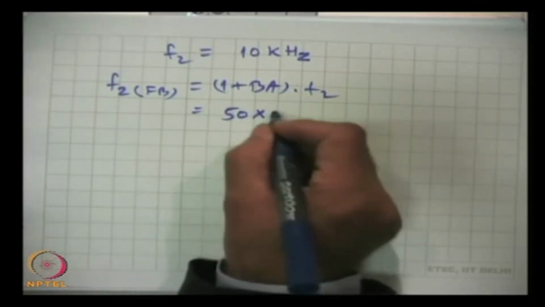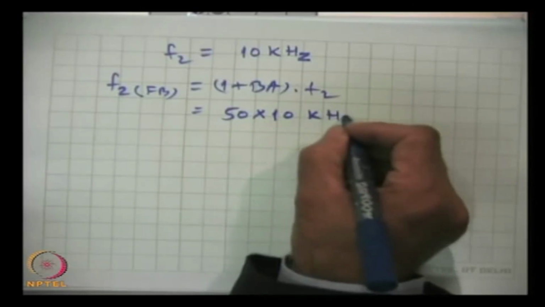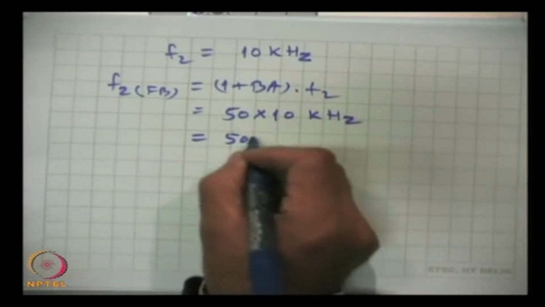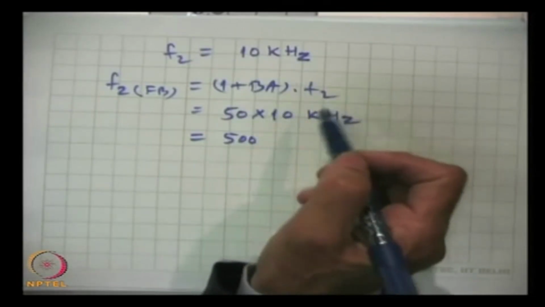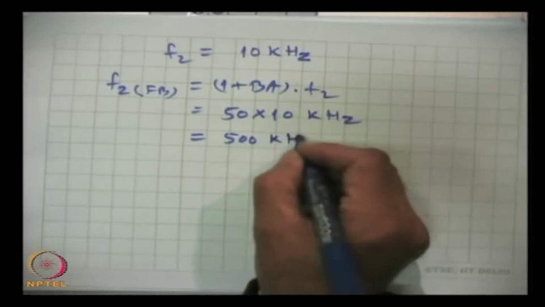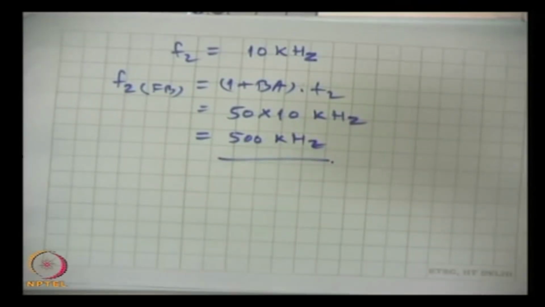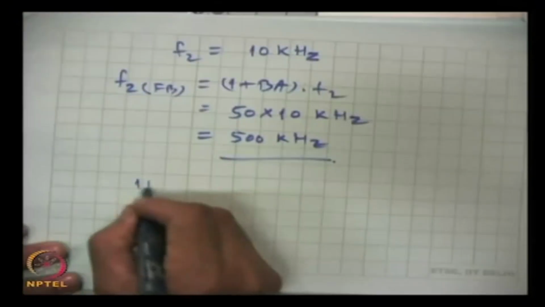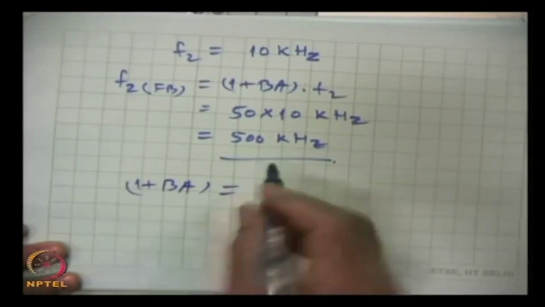So, 50 into 10 kilohertz is 500 kilohertz. Instead of 10 kilohertz, it will become 500 kilohertz. Bandwidth increases by the same amount by which the gain falls. So, these are various advantages of negative feedback which we talked about, and the only thing which we sacrifice is the gain, and sometimes 1 plus BA is called the sacrifice factor.